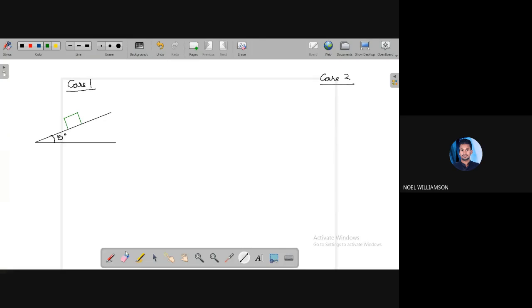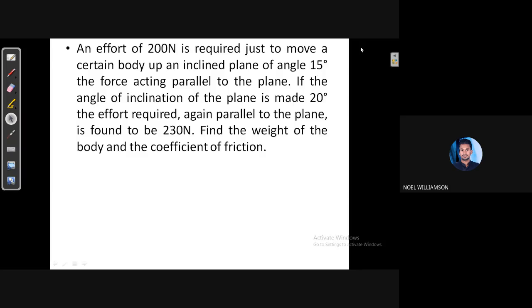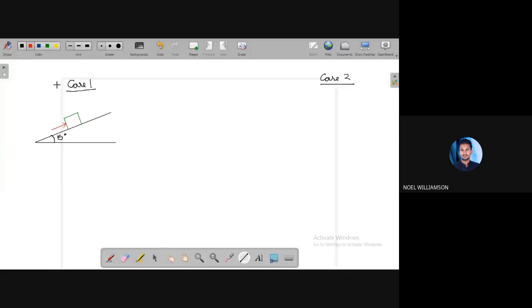Okay, and the force required is 200 Newton.